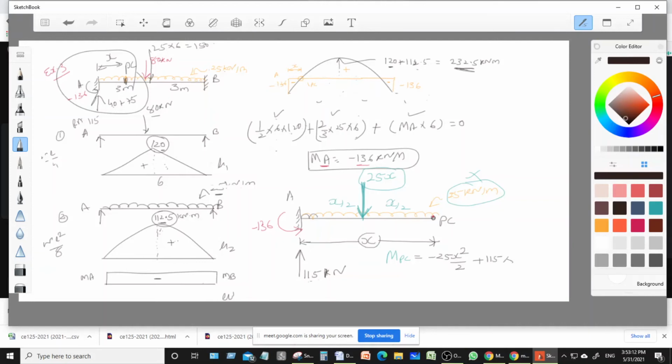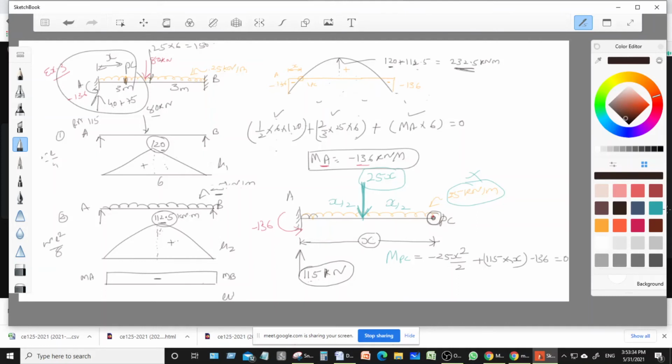What is the distance? That is x, because we are taking the moment at PC. So the distance between the point and the force is x, and the magnitude of the force is 115. So 115 into x. Then there is one more moment, that is minus 136, and this whole summation will be 0.